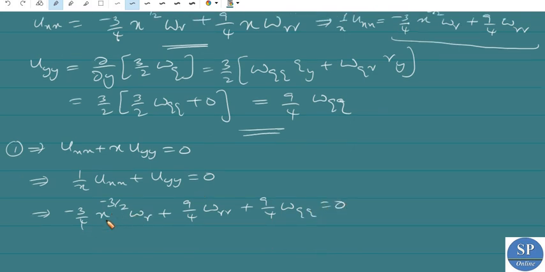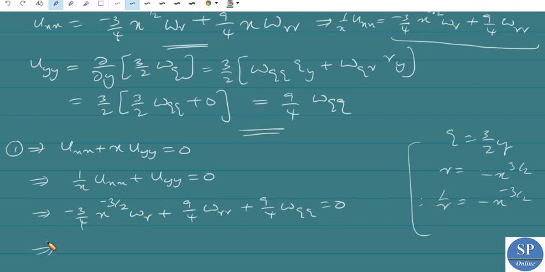So now we have to replace our x power minus 3 by 2. But we know that x power 3 by 2 is r. We have q equal to 3 by 2 into y and r is equal to minus x power 3 by 2. So therefore 1 by r is equal to minus x power minus 3 by 2. So we can replace this minus x power minus 3 by 2 by 1 by r.